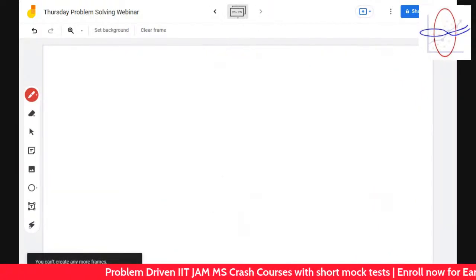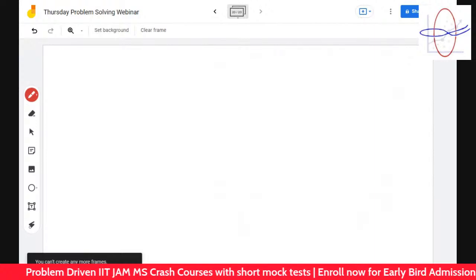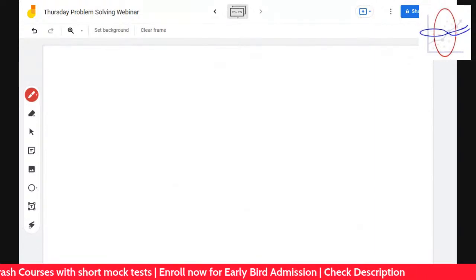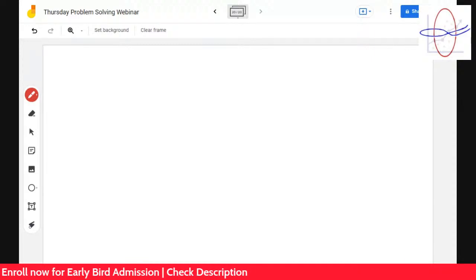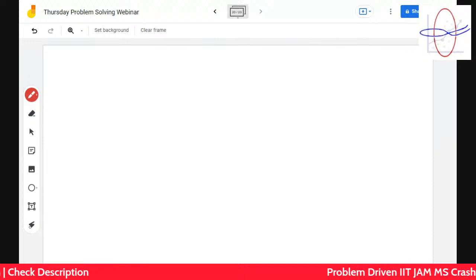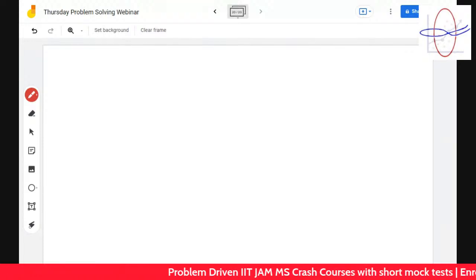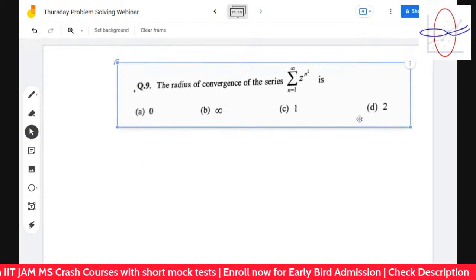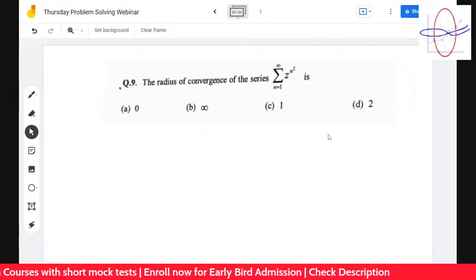Okay, very good. So let's do another problem. Suryansh's doubt. That's this. Find the radius of convergence of this, z to the power n square.